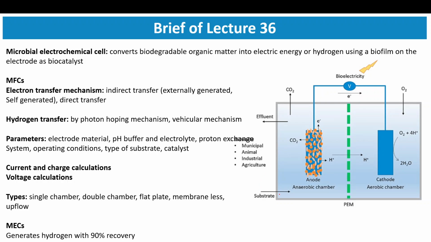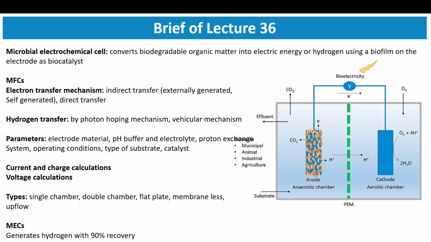The wastewater goes in here, and there is a biofilm on the electrode, or it can be in the electrolyte as well. There will be some interaction which results in the generation of electrons, which completes the circuit.